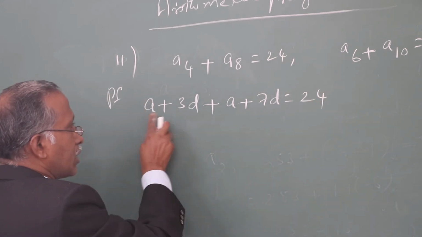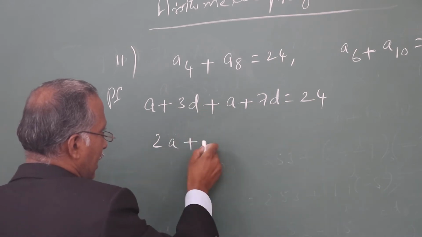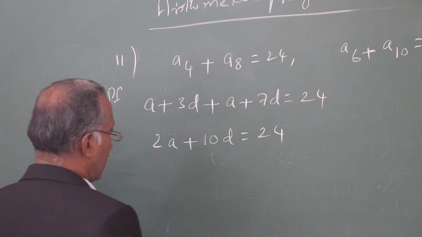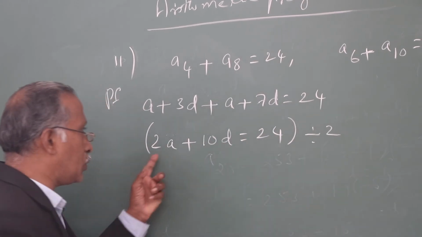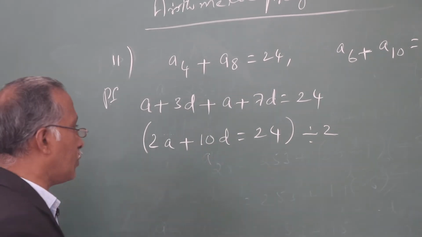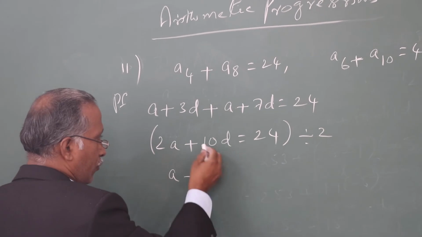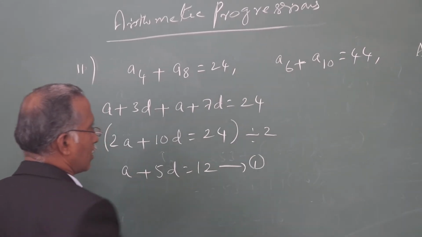Add up the like terms. a plus a is 2a, 3d plus 7d is 10d, which is equal to 24. Let us divide the whole equation by 2, since 2, 10, 24 are multiples of 2. Then it becomes a plus 5d is equal to 12, equation 1.